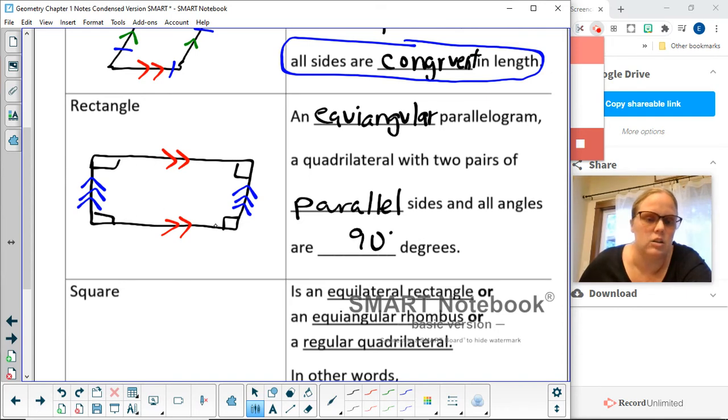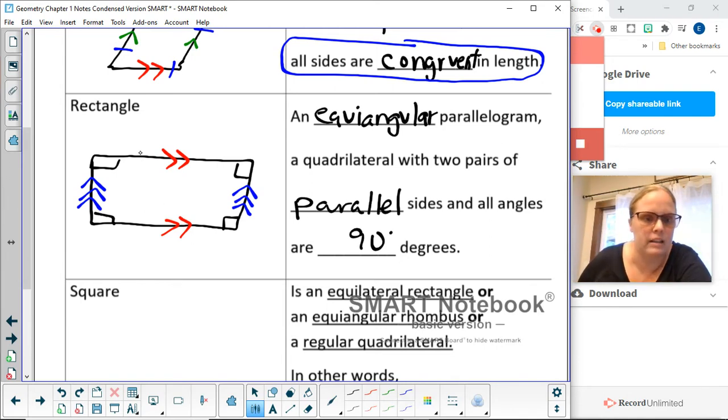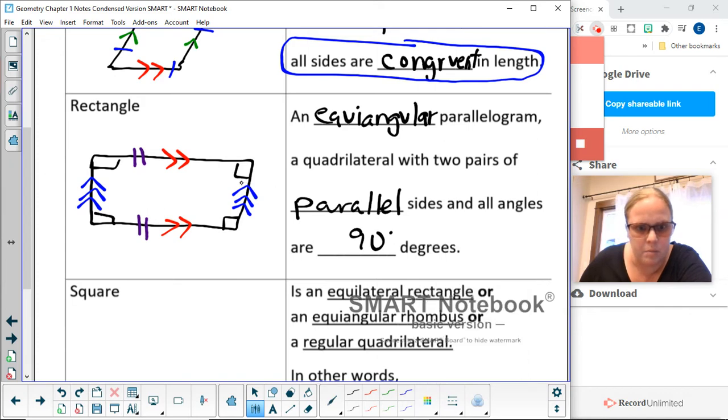So since these sides are going in the same direction and the top and bottom are going horizontal in this case and the sides are vertical, creating that 90-degree connection everywhere, there's only a certain amount of space that the top and bottom can fit in. And so that automatically makes them congruent in length. So maybe I'll put 2 hash marks here for the top and bottom. And then I'll put a single hash mark on the side showing that those are the same length as well.